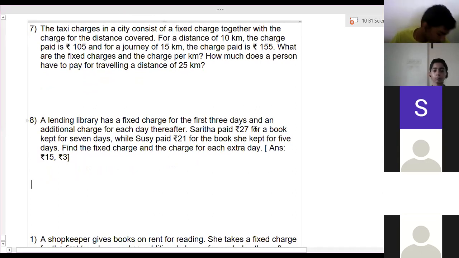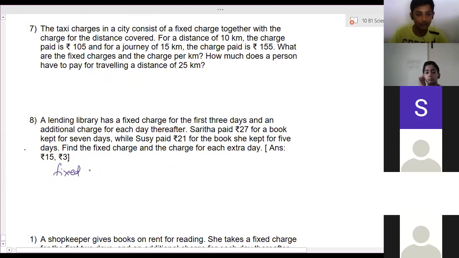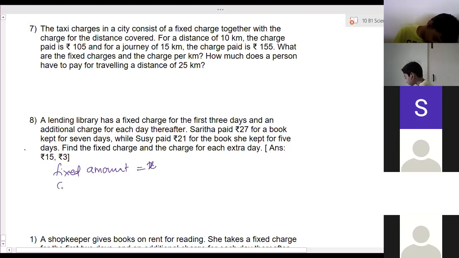Sarita paid rupees 27 for a book kept for 7 days. For the first 3 days the value is fixed. Consider the fixed amount is x rupees and the charge per day is y.